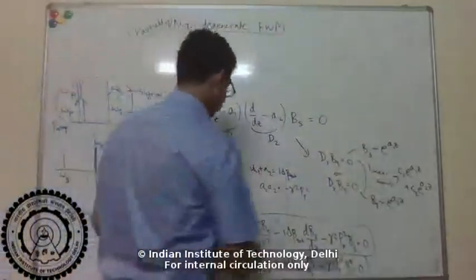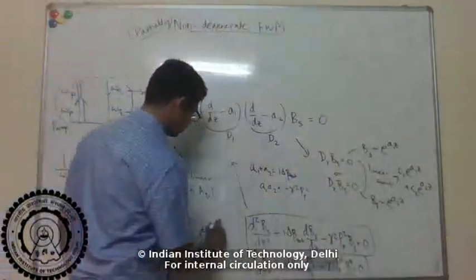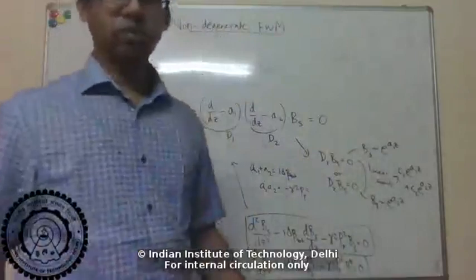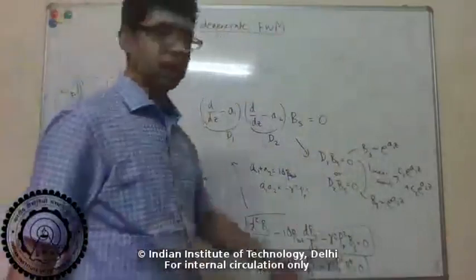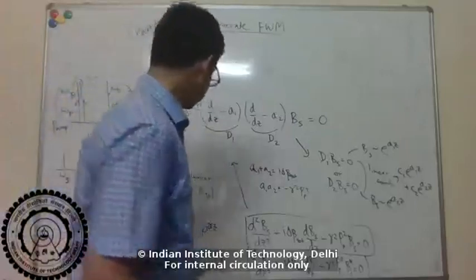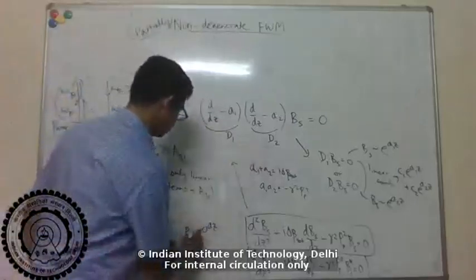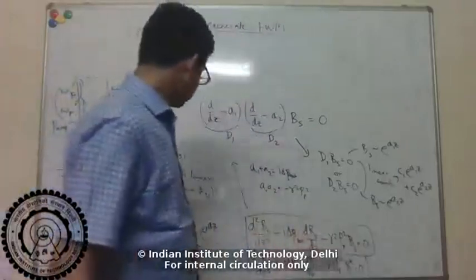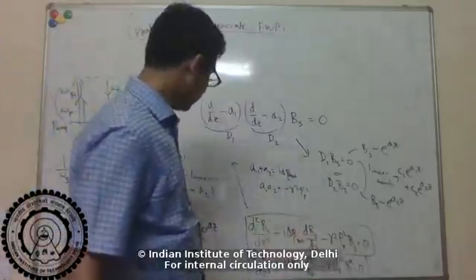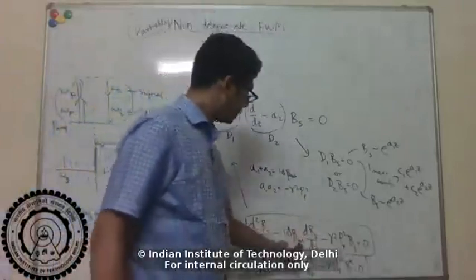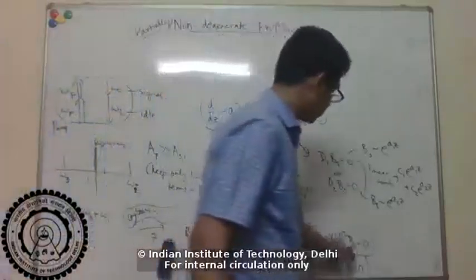Equivalently, you can assume a solution e to the Az, right? Which, for example, in a simple harmonic oscillator case you would have seen. And then plug this solution into this equation. So the d by dz terms will give you terms of A. So you'll get A square minus this times A minus this equal to 0.